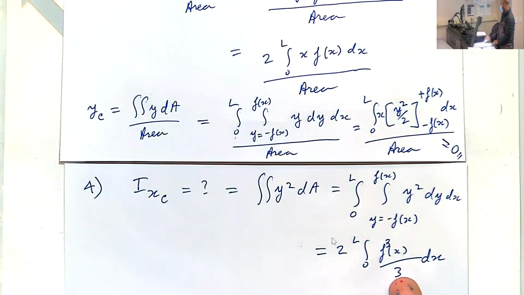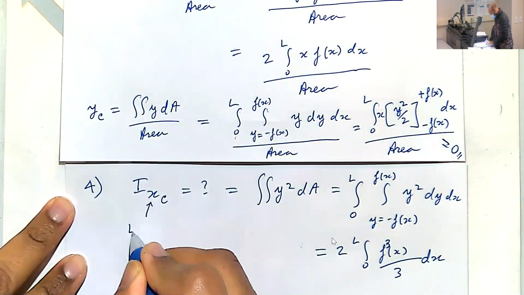Once you're here, you know how to solve this numerically, either using trapezoid or Simpson's rule. This is the longitudinal axis.